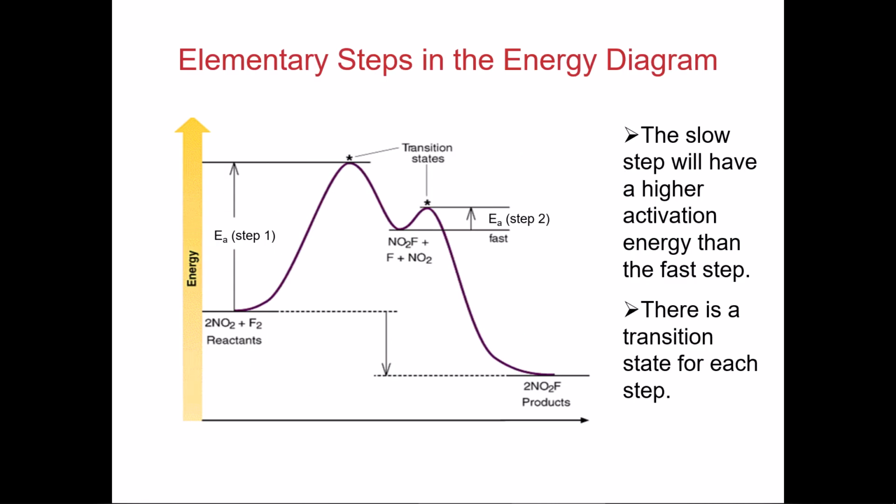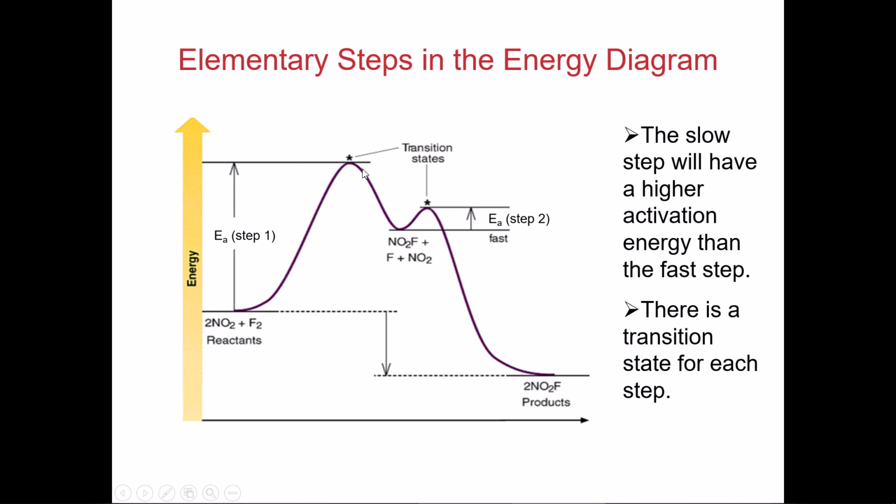We can also get the same kind of kinetic information about our slow step from a reaction graph. Remember on the reaction graphs, we have energy along the y, and we have progression of our reaction along the x. From our reactants, NO2 and F2, we have an increase in energy to our transition state, requiring our activation energy amount.